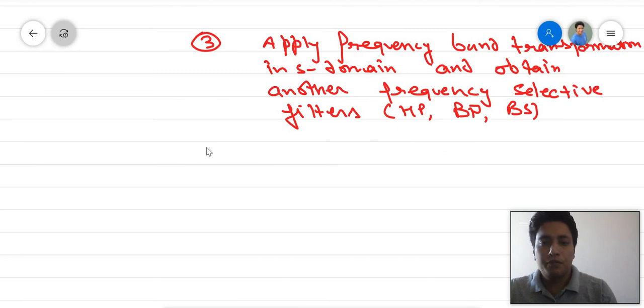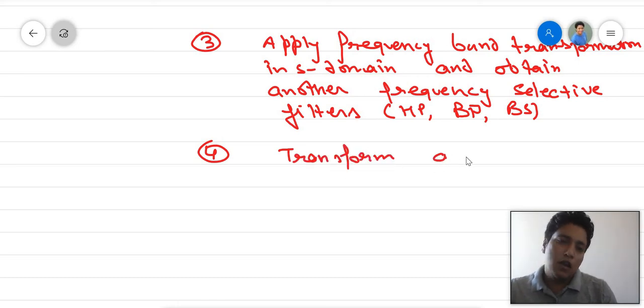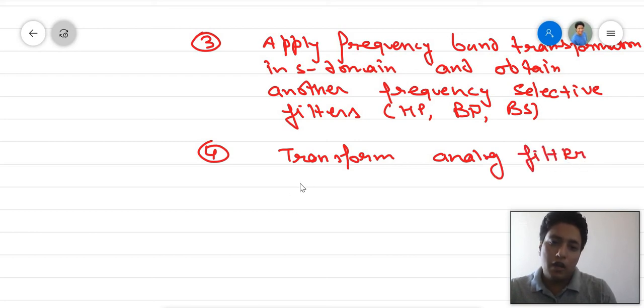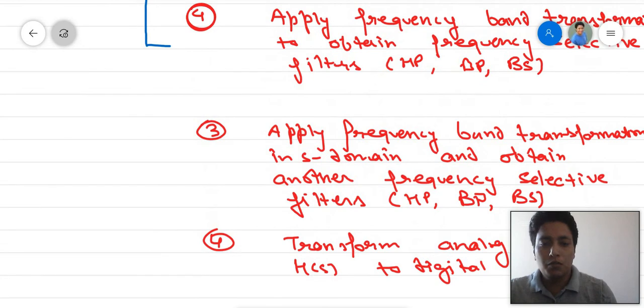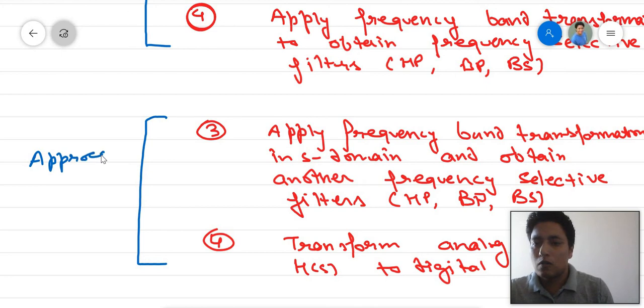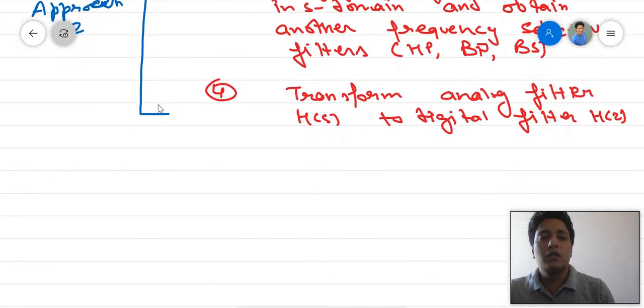Then at the fourth step we will transform the analog filter H(s) to digital filter H(n). And this approach is approach 2. We can apply either of these two approaches to obtain an IIR digital filter.